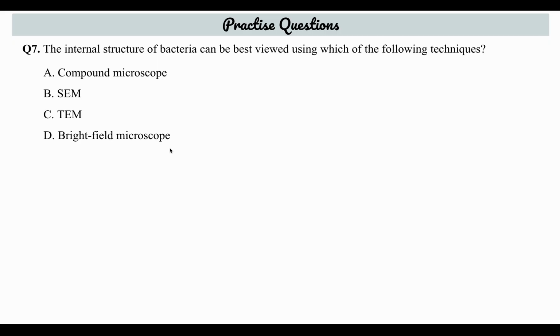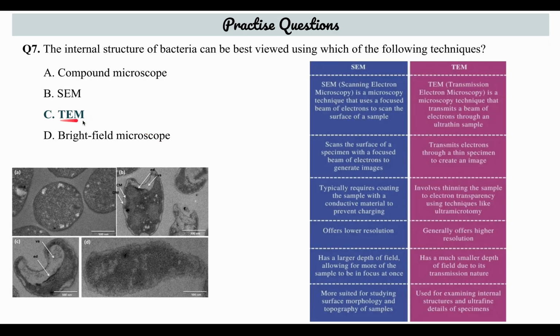Okay, so now let's see. The right answer is TEM, because we have already seen that in a compound microscope we can view the internal structure, but it will not be as well resolved as we can see through TEM. If we talk about SEM, it only tells us about the external surface of an organism such as viruses and bacteria.